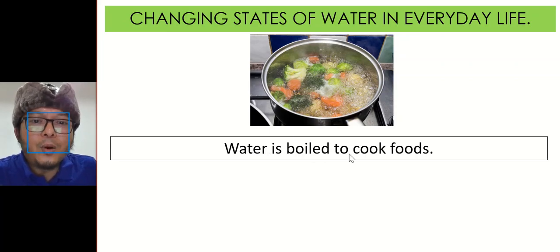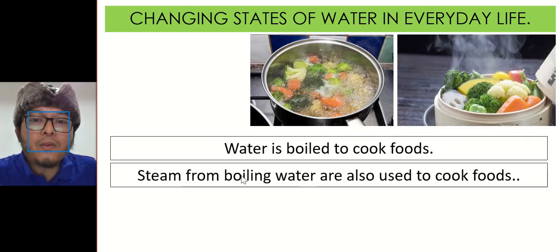So water is boiled to cook food. Some of our food is boiled to cook it, or steam from boiling water is also used to cook food, like dim sum. Yeah, dim sum is very delicious. You steam it, you cannot boil it. Boiling it would be different.